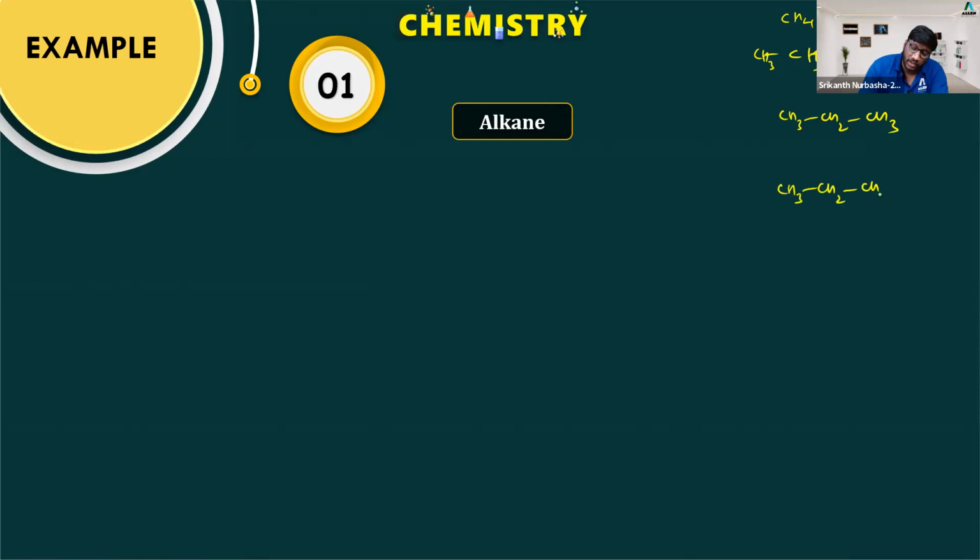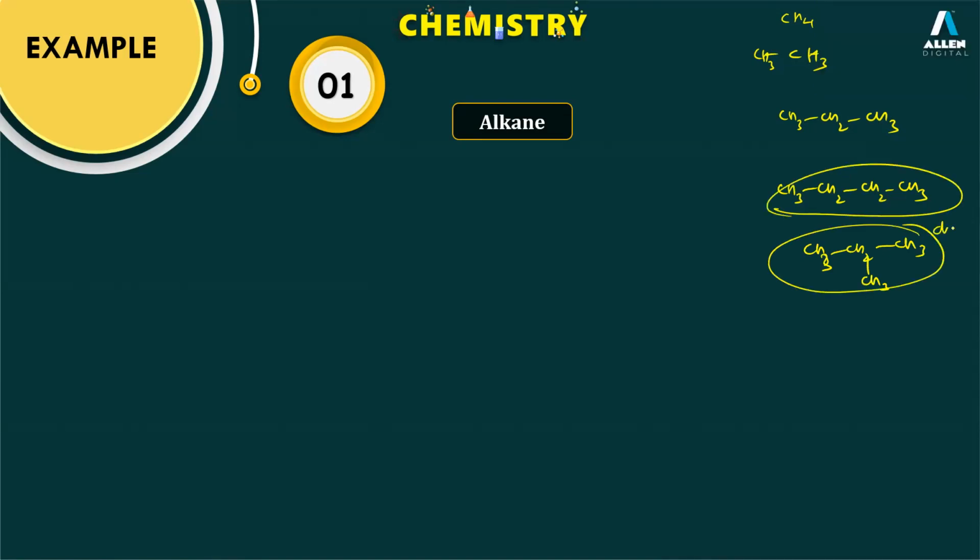So this is only distinct. CH3 CH2 CH2 CH3. Here I can change the chain length, CH3 CH CH3 CH3 I can write. But if I change like this, these two are chain isomers, not positional isomers.